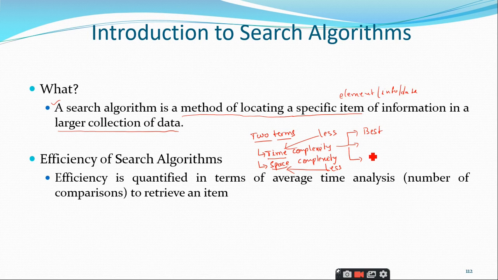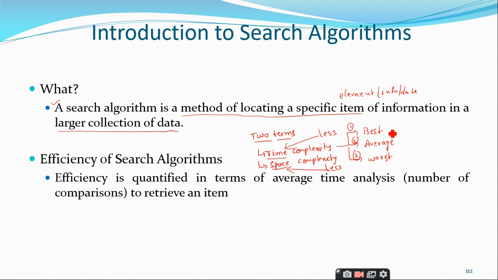One is the best case time complexity. The second one is the average case time complexity. And the last one is the worst case time complexity. So any algorithm's time complexity can be divided into these three categories: best, average, and worst.